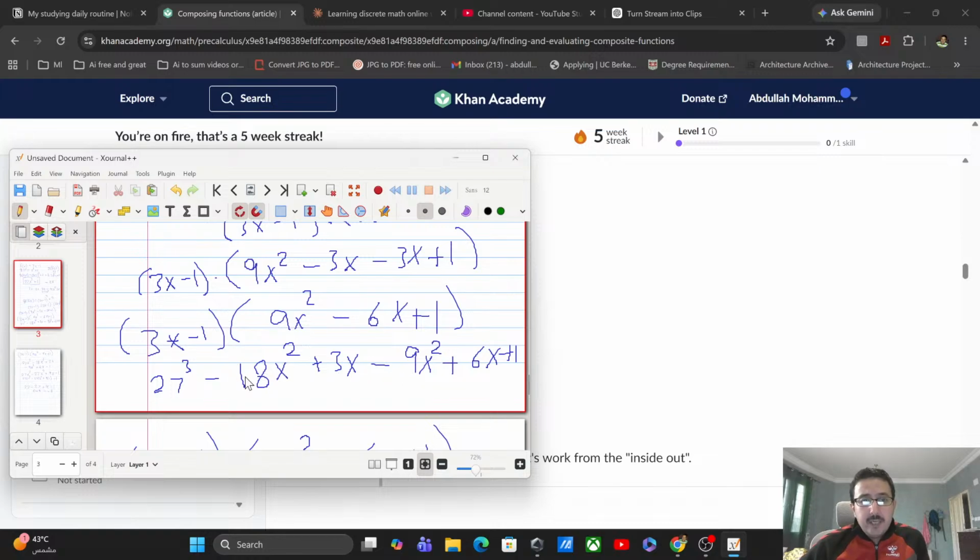Okay, what I have here is minus 9 and minus 18. It's a minus 27, so I got 27x square x cubed, and I got minus 18 and minus 9, minus 27x square, and I got 3x plus 6x, that's a plus 9x, sorry, it's plus 9x plus 1.